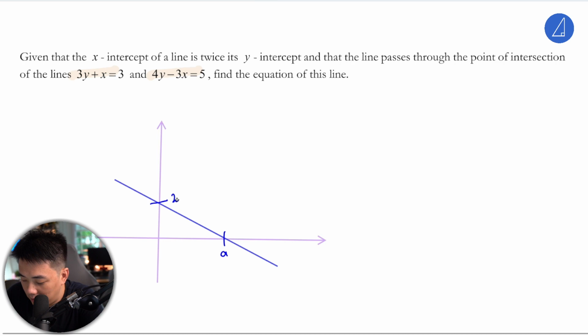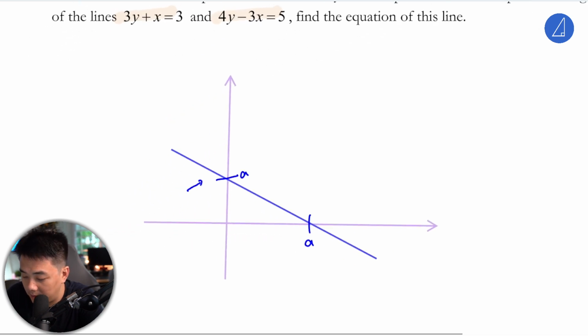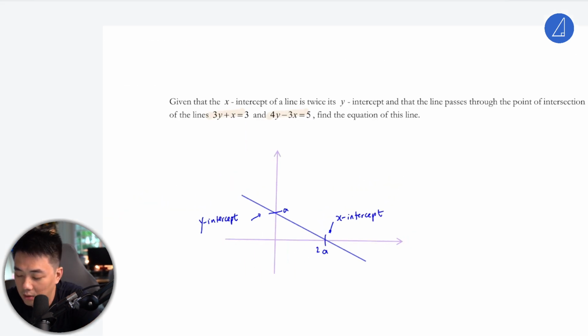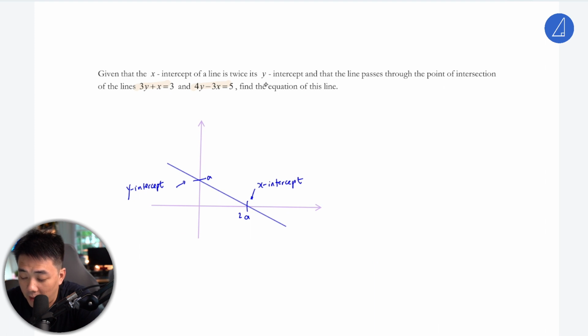So if this is a, the y-intercept, then this is your x-intercept, which is 2a.